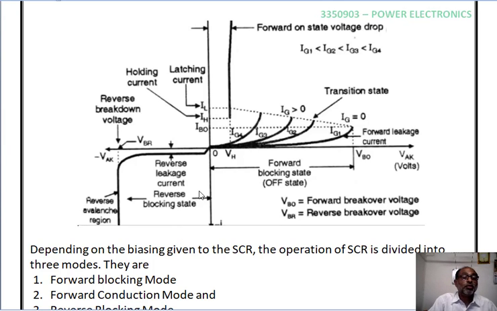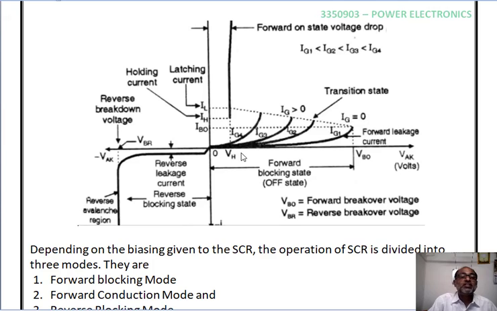Now first, forward blocking mode. In this type of operation, the anode terminal of the silicon controlled rectifier is connected to the positive terminal with respect to the cathode. That means the cathode terminal is connected to the negative supply, while the gate terminal is open.